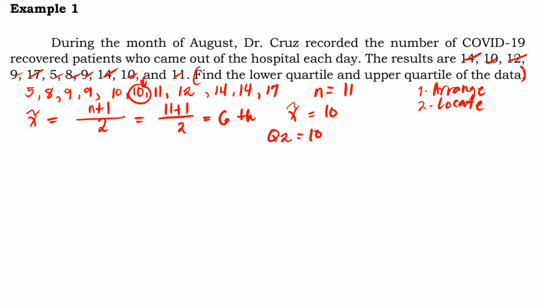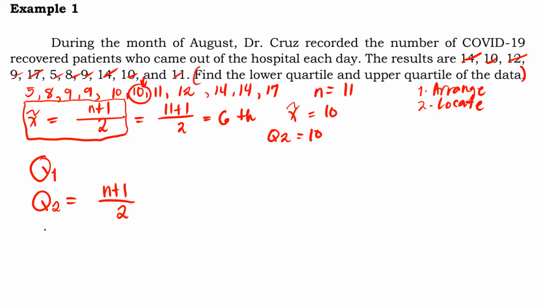Okay? Now, if we use this formula for the median, we can also use that for Q sub 2. Okay? Because you are getting the middle. Because Q sub 2 is 50%. It is in the middle of the data. How about for Q sub 1? How about for Q sub 3? Okay?